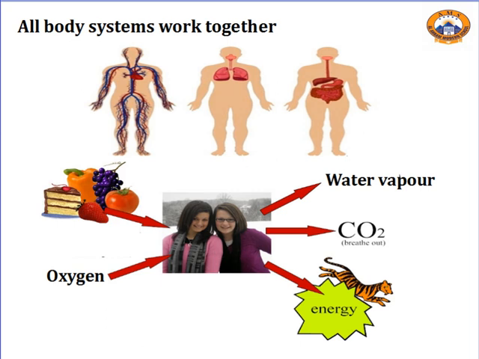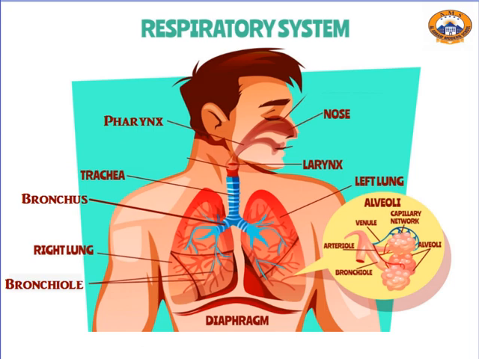Okay, now let's talk about the respiratory system. We knew from lesson 1 that each system in your body is formed of a group of organs. What are the organs of the respiratory system? The respiratory system starts with the nose. You remember the first organ in the digestive system? It was the mouth. Okay, after the nose comes the pharynx.